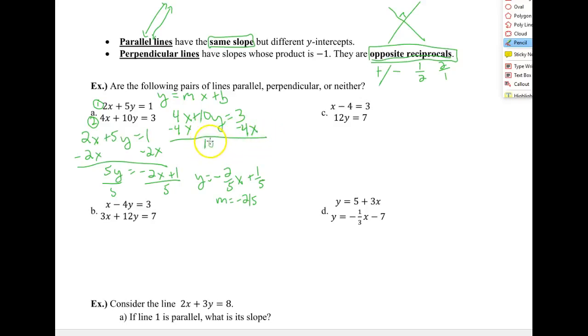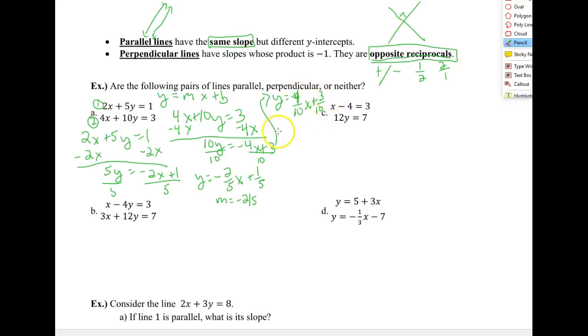That leaves me with 10y equals -4x plus 3. I'm going to divide by 10 on both sides to get y alone. So y equals -4/10 x plus 3/10.